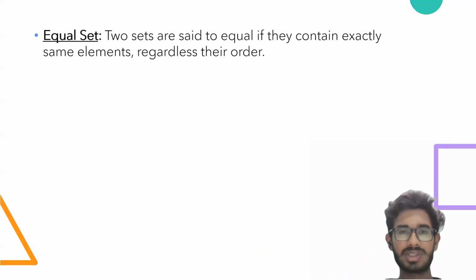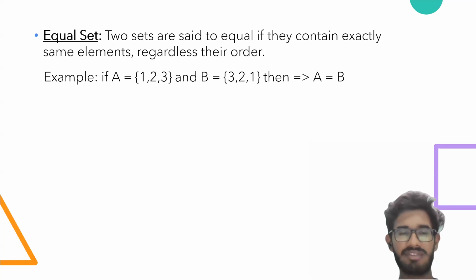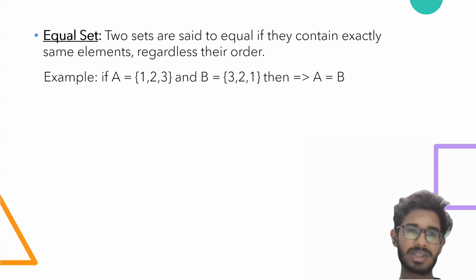Equal set. Two sets are said to be equal if they contain exactly the same elements regardless of their order. For example, if set A has elements 1, 2, 3 and set B has elements 3, 2, 1, then we can say A equals B. These two sets are equal because they have the same elements regardless of their order.